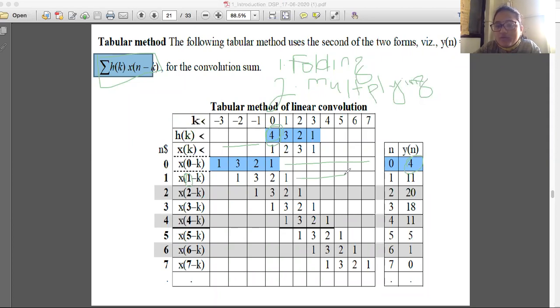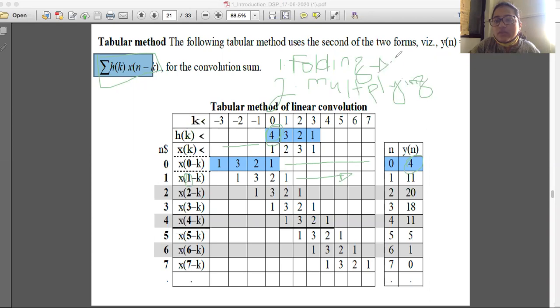So the folded sequence is shifted to the right hand side by 1 unit. X of 1 minus k is representing the shifting of the input sequence by 1 unit on the right hand side. After folding, here it is the shifting operation that we have performed.